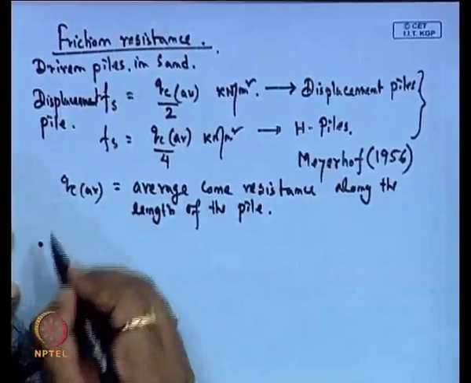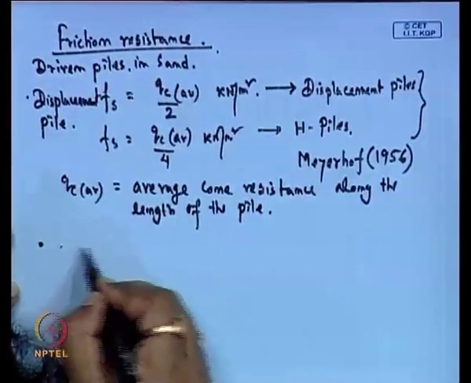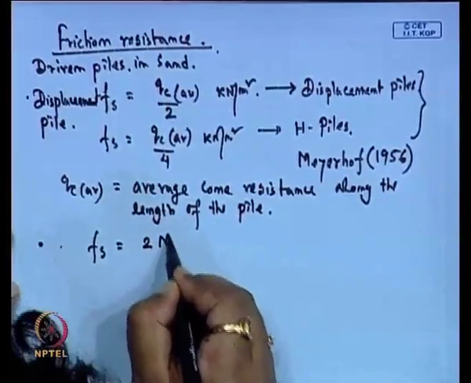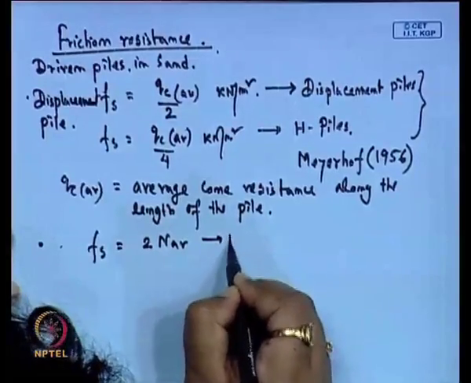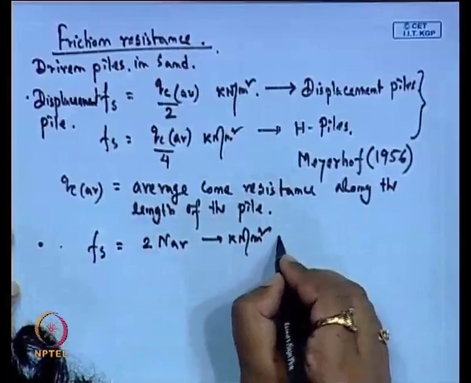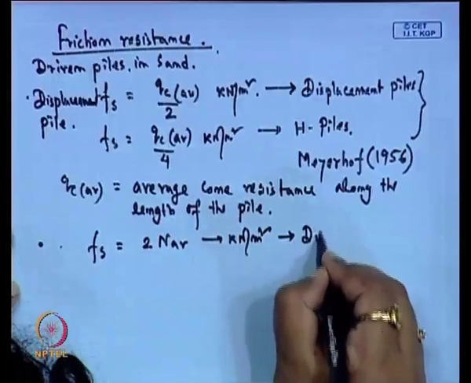Similarly, in terms of N value, this f_s is equal to 2 N average, also in kilonewton per meter square. This is for the displacement pile.